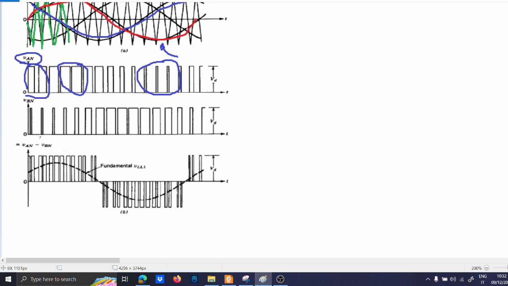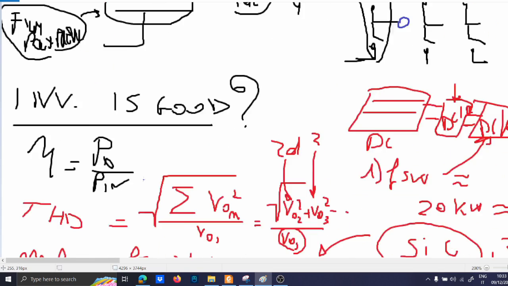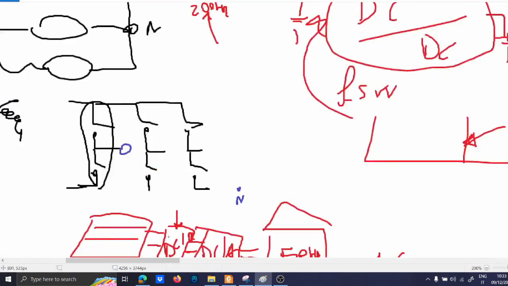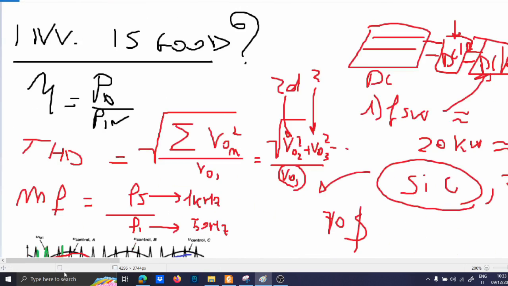The same for B, and VAN minus VBN is the line voltage. If you perform a moving average algorithm, you will see that this is the fundamental line-to-line voltage. So I think that you have all the bases now, and let's jump on LTspice.